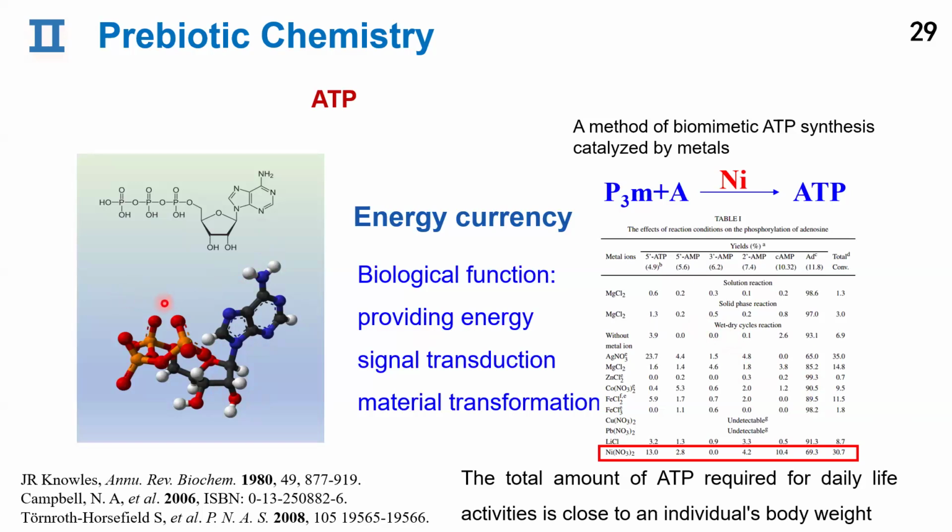The bonds between these phosphate groups, especially the terminal phosphoanhydride bonds, are high-energy bonds. When one of these bonds is broken, ATP is converted into ADP and inorganic phosphate, releasing energy that drives countless biological reactions.